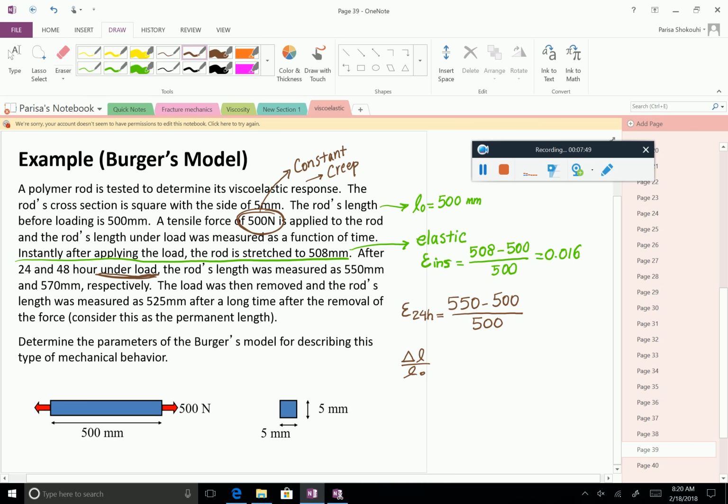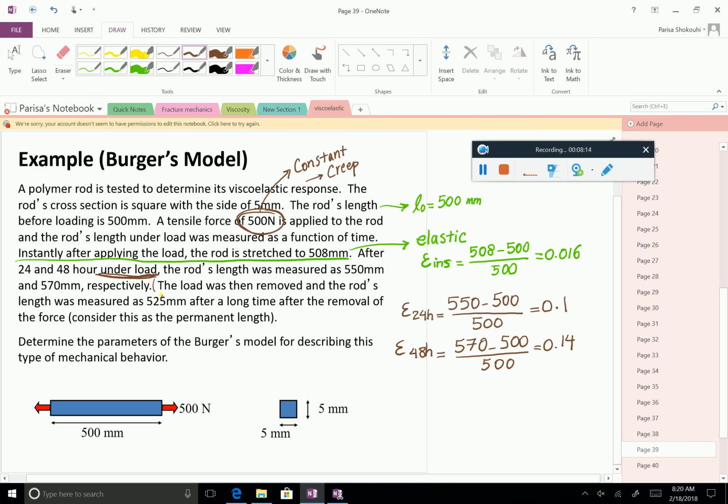So this is 0.1, and we know that at 48 hours it's a little bit longer. For 570 minus 500 over 500, and this is about 0.14.